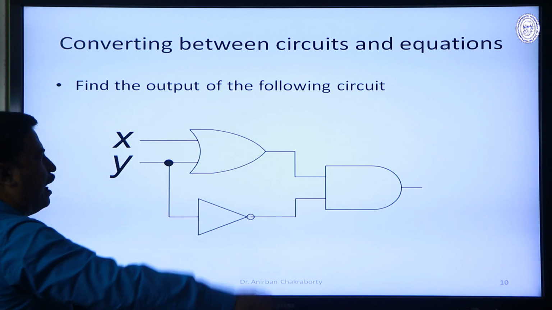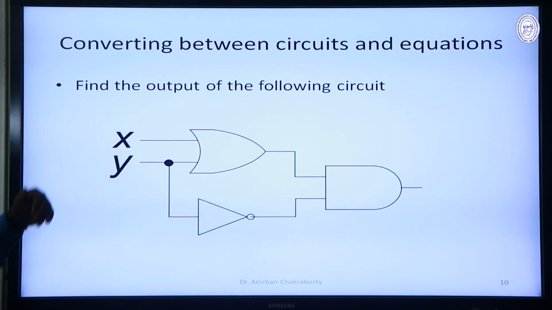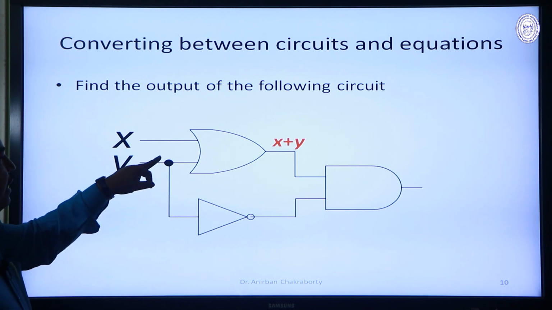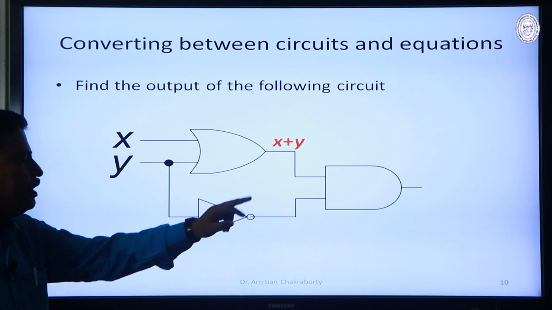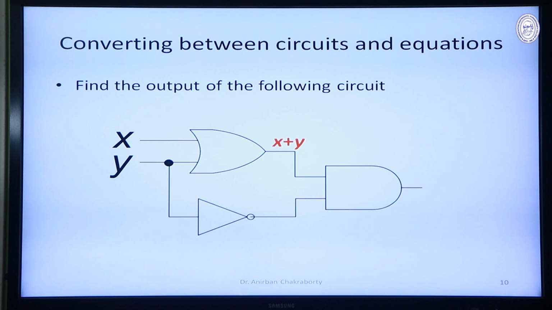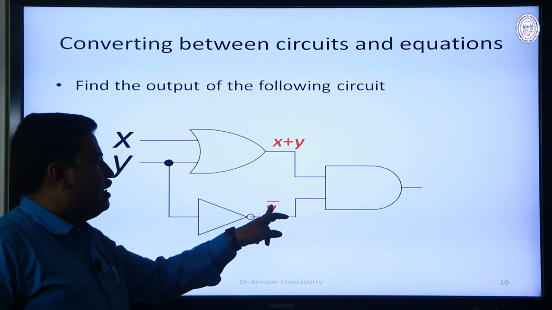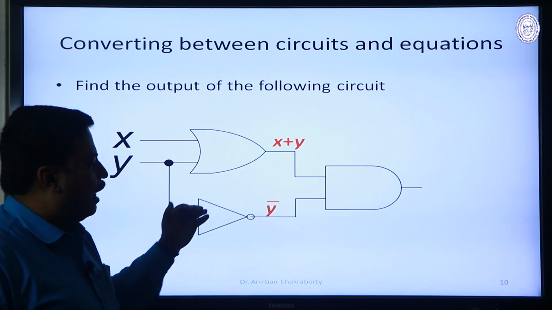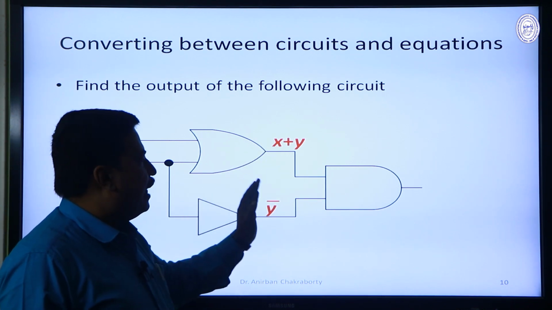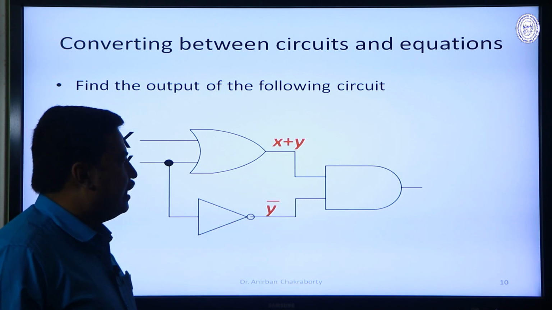What would be its output? Obviously, as X and Y are the input, its output is X OR Y. Now, for this NOT gate, it's getting input Y, so its output would become Y bar. This X OR Y and this Y bar are both being fed as input to this NAND gate.